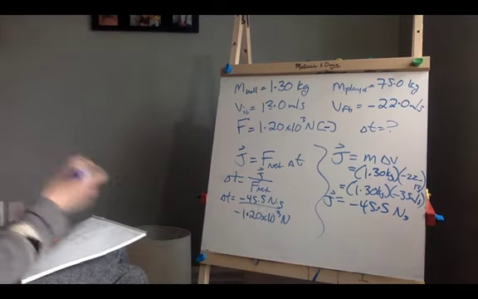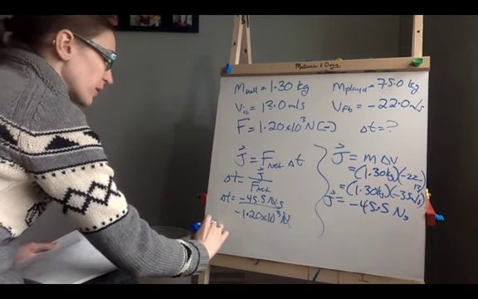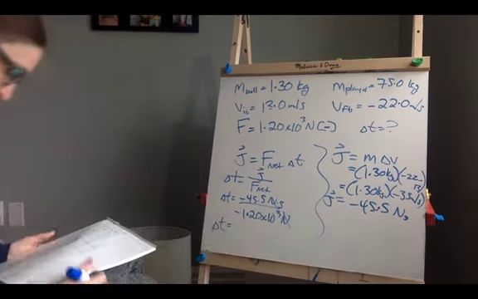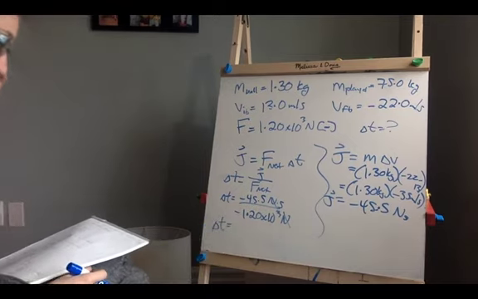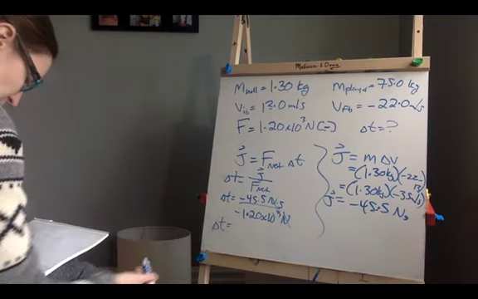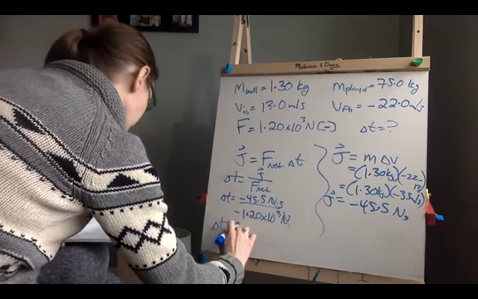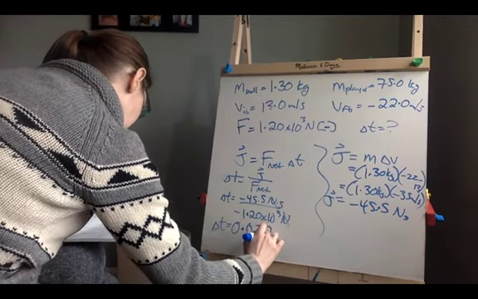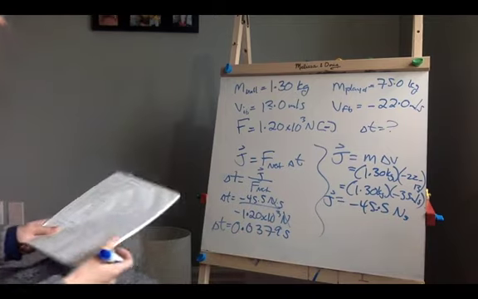Okay, and again, you should see that the newtons would cancel and you'd be left with something in seconds. And when you do that division, you end up getting a positive value, because your negatives would cancel, and you get a value of 0.0379 seconds.